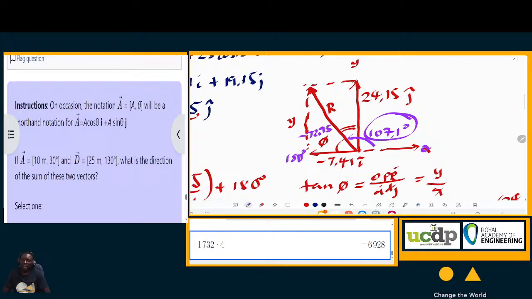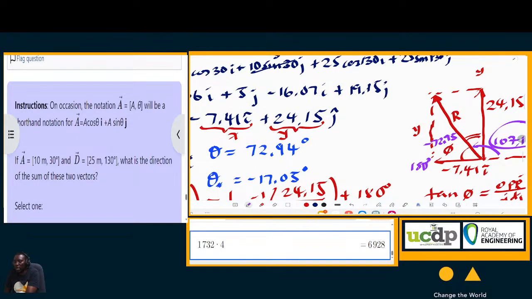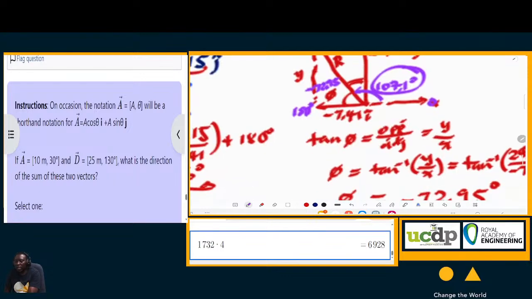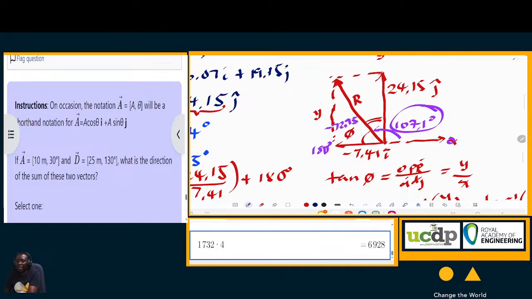So it makes 107.06 degrees the correct answer. But you have to use the arctan, because remember you already have components. With the components in place, you just do arctan of the y component over the x component, and then you get the angle. You should know where that angle is. In this case, this angle lies in the second quadrant, so we subtract 72.95 from 180.